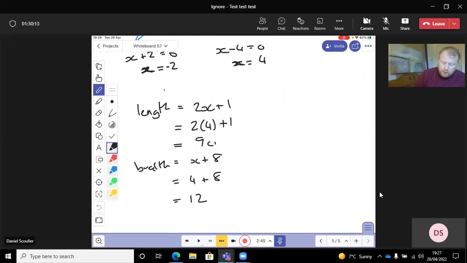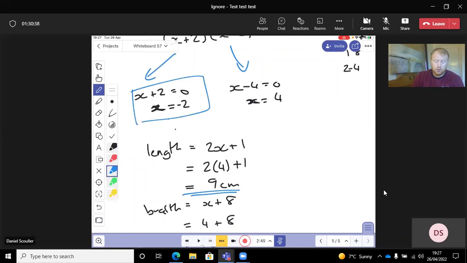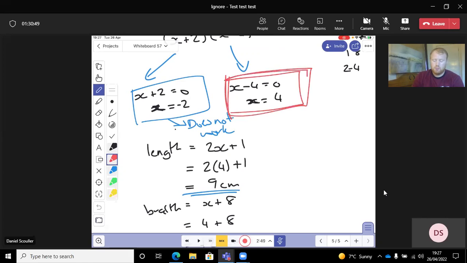It gives us a length of 9 centimetres and a breadth of 12 centimetres. If I was to put -2 into the length, I'd have 2 times -2, which is -4, plus 1 is -3. I can't have a negative length, so that solution does not work. That is your only solution to this problem.